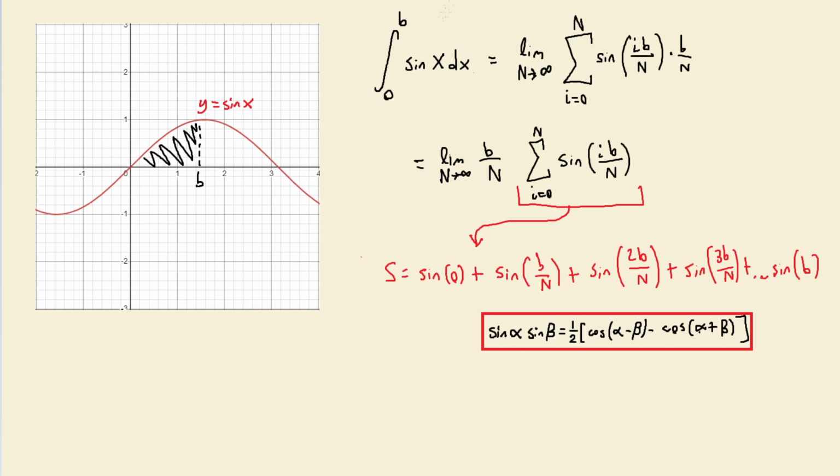So hopefully you paused the video and gave that a shot on your own. This is how I came up with an answer here. What I wanted is negative cosine of the term before. So I'll just call that the ith term. We know what one of these values has to be, and that's going to be iB over N. Here it's B over N, here it's 2B over N, here it's 3B over N. So that's a given.